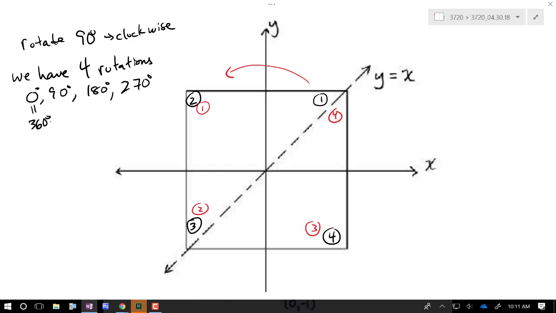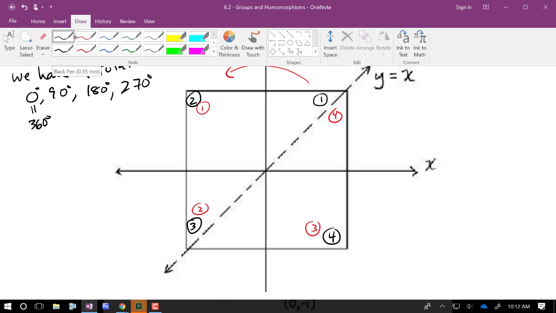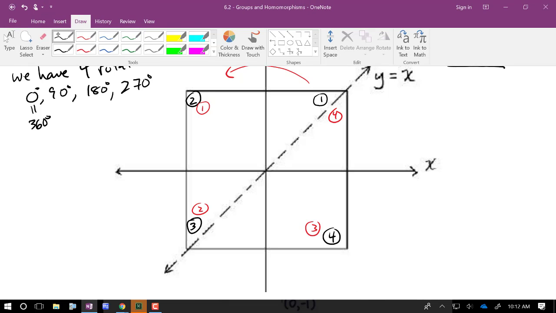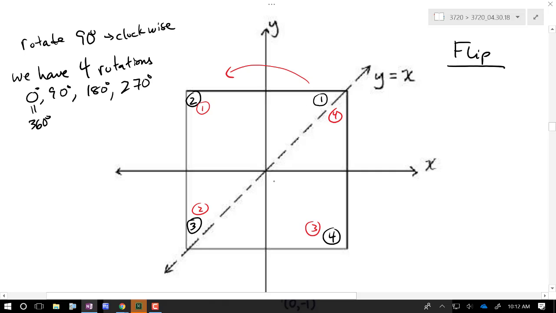The other way we could find a new symmetry is if we flip it over. And there's more than one axis of symmetry you could choose. I've chosen to draw this line that goes from the bottom left to the top right. So now, let's say we do a flip. I'll just flip it across this dotted line, and I'll do this in green.